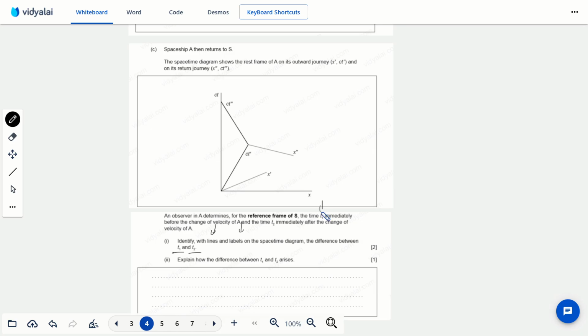T1 is the time immediately before the spaceship changes its velocity, and T2 is the time immediately after it's changed its velocity.